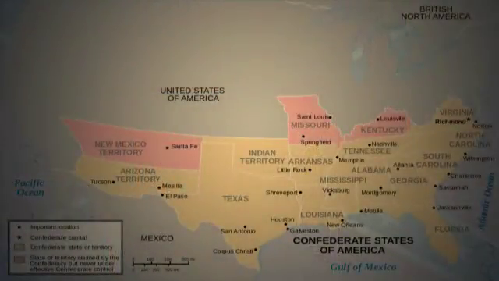And so public opinion across the Upper South swung toward the Confederacy. So North Carolina, Tennessee, Virginia and Arkansas, these 4 states joined the Confederacy in May of 1861. So as a result of Lincoln's actions, more states joined the Confederacy in the South.